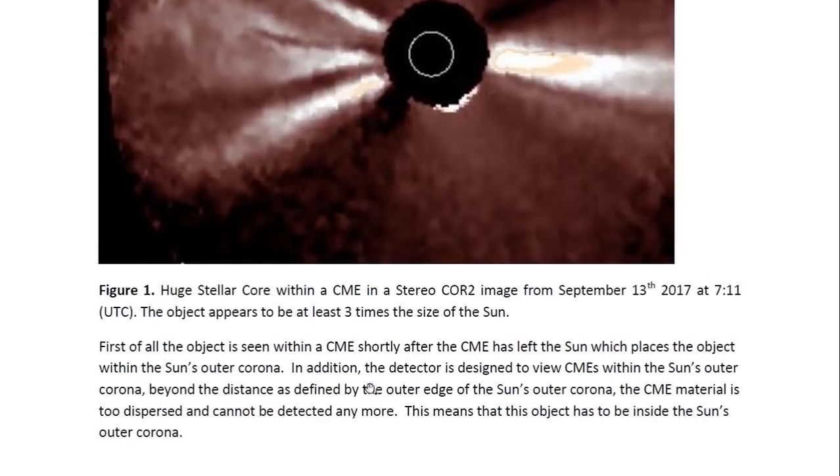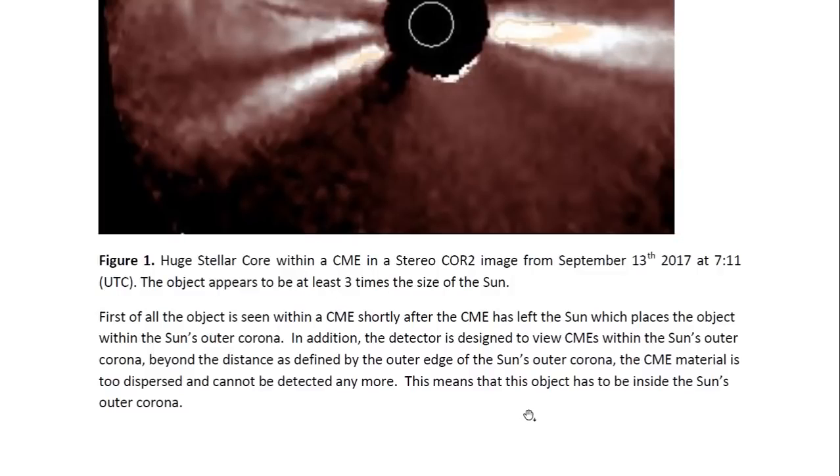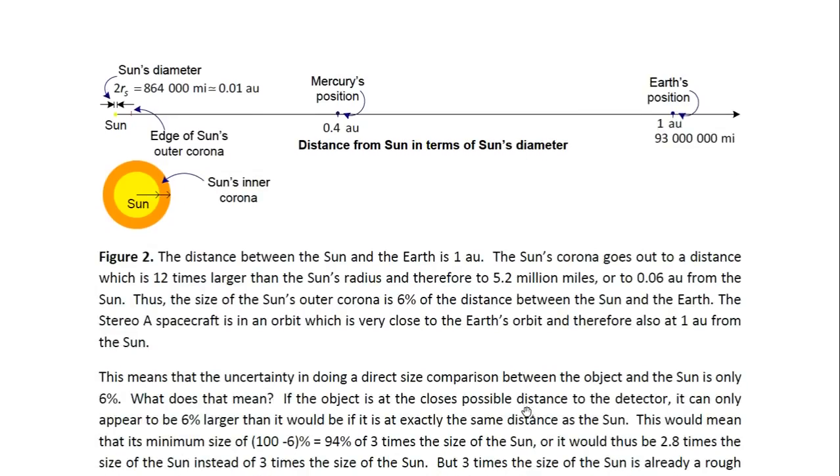And so, first of all, the object is seen within a CME shortly after the CME has left the Sun, which places the object within the Sun's outer corona. In addition, the detector is designed to view CMEs within the Sun's outer corona. Beyond the distance as defined by the outer edge of the Sun's outer corona, the CME material is too dispersed and cannot be detected anymore by this detector. This means that this object has to be inside the Sun's outer corona.